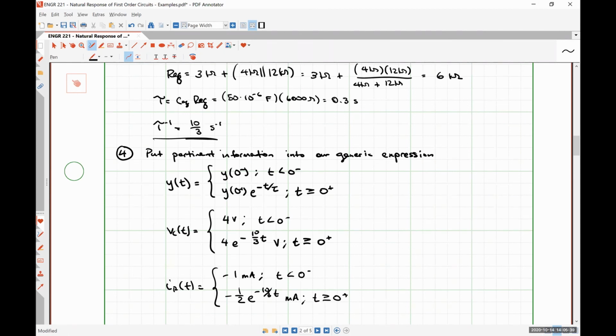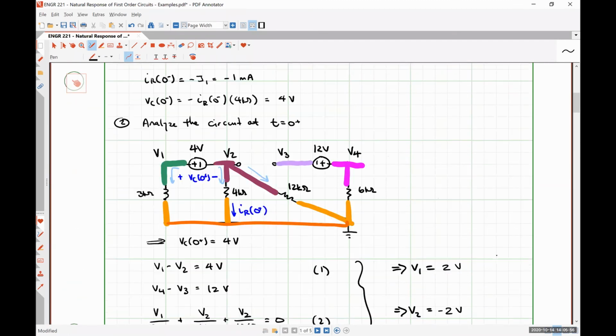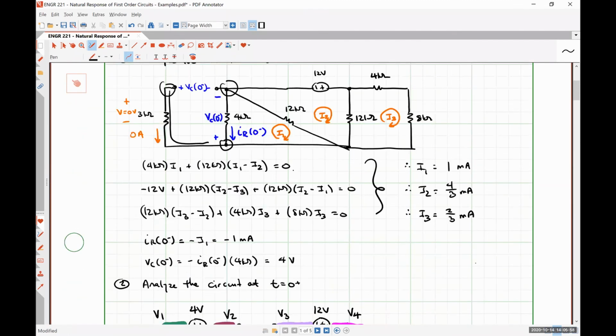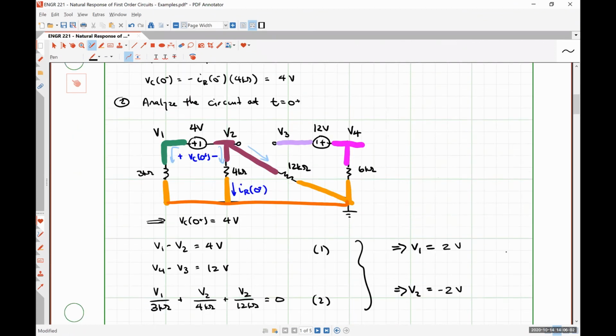So we literally just pull the information from our previous steps and drop it into our equation, and we're guaranteed to get the correct answer, assuming we were able to do the DC circuit analysis bits correctly, which is nothing more than what we've done previously, right? We analyzed t equal to 0 minus using mesh analysis. We could have just as easily done nodal analysis. At t equal to 0 plus, we chose to do nodal analysis when we could have just as easily done mesh.